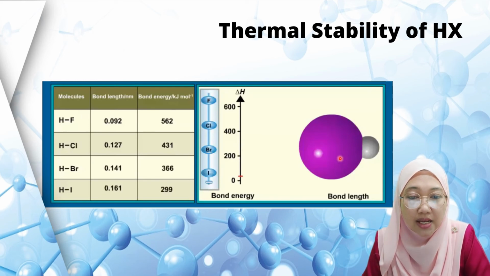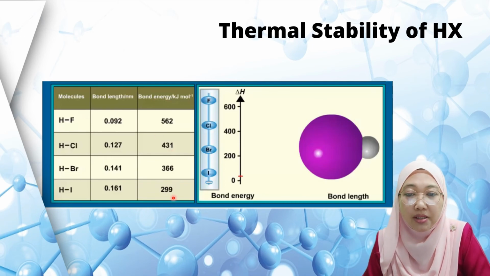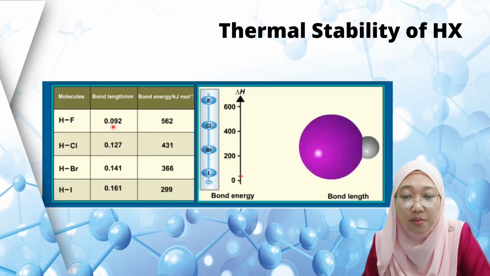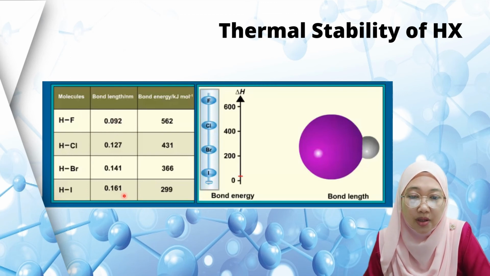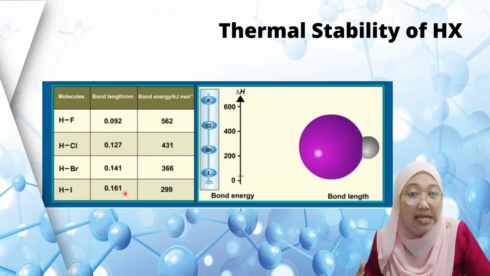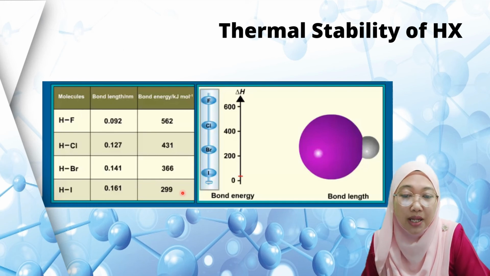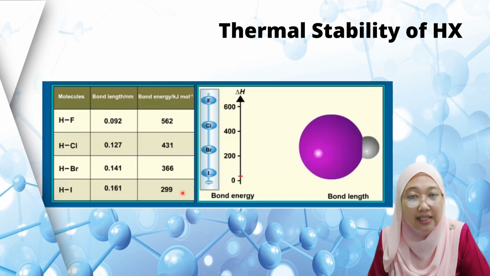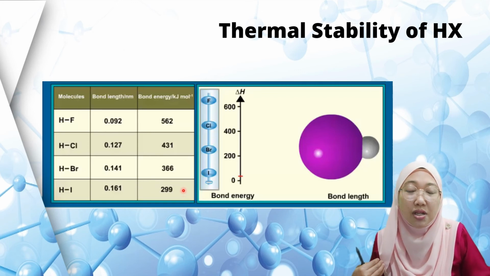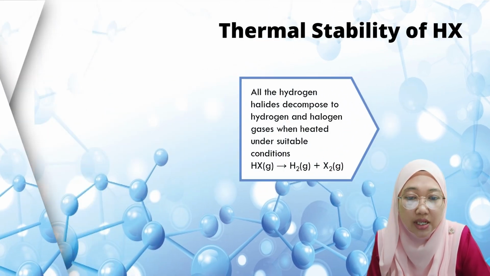You can see the size becomes larger. When the size becomes larger, the bond energy decreases. The bond length increases from fluorine to iodine, it becomes longer, but the bond energy decreases. Because when the bond is longer, the attraction is weak, so it is easy to dissociate.